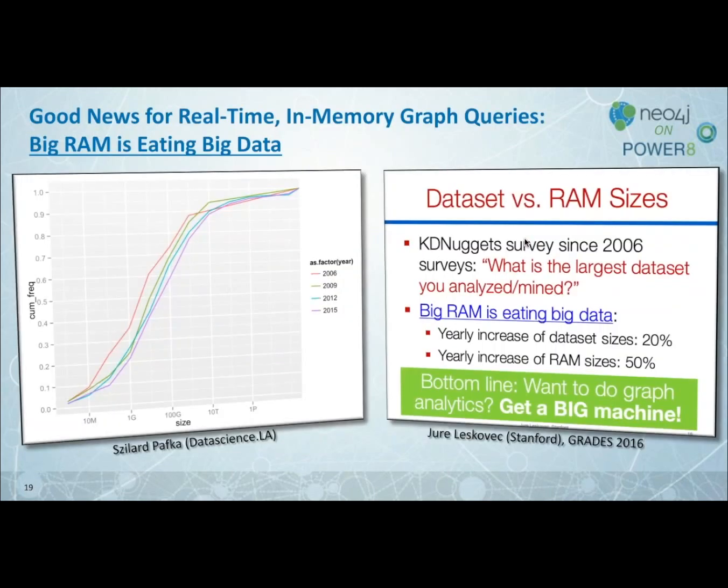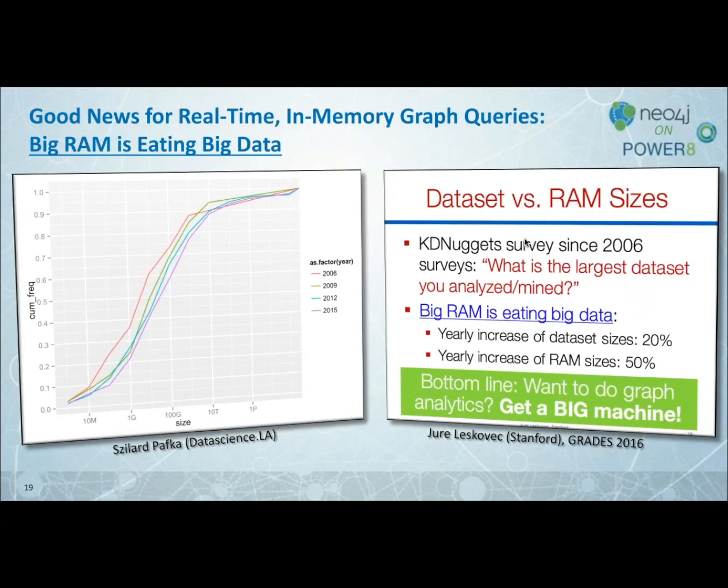And the good news as far as where hardware is going is there's a well-known Stanford professor, Jure Leskovec, who this year gave a really interesting talk that I actually attended, where he looked at all the largest graph data sets out there and how large they were and how many would fit in RAM.